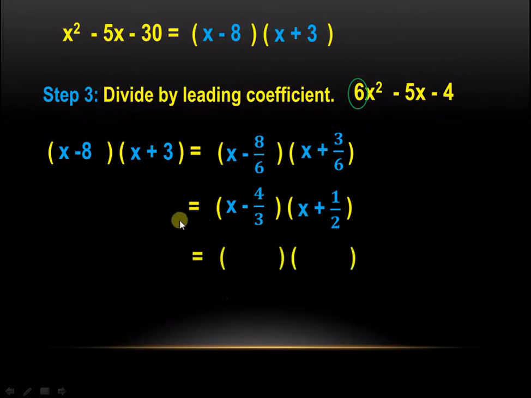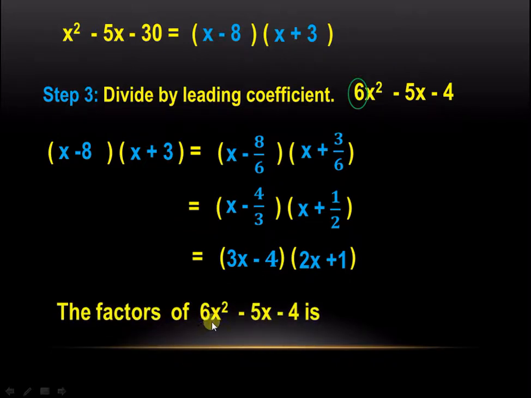So we have 3x minus 4, and then 2x plus 1, and then we're done. So the factors of 6x squared minus 5x minus 4 are the quantity 3x minus 4 times the quantity 2x plus 1. See how easy it is?